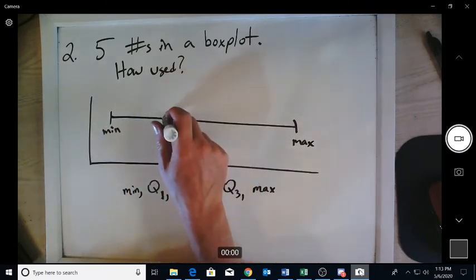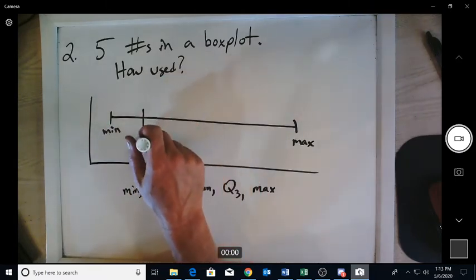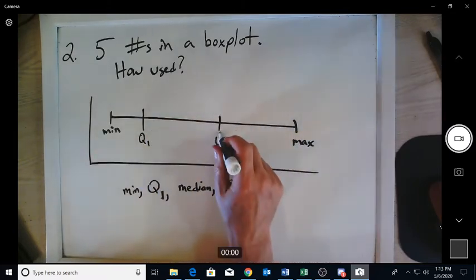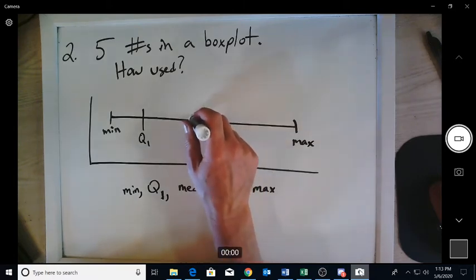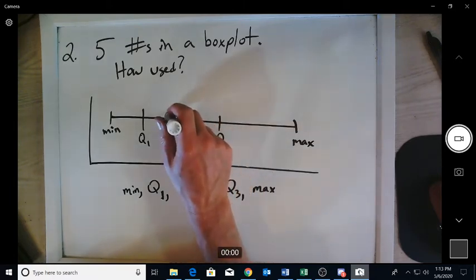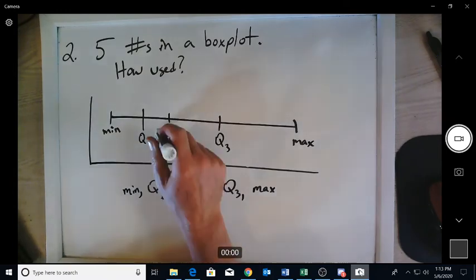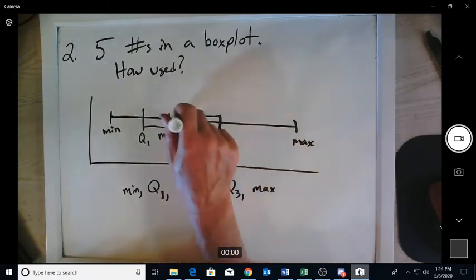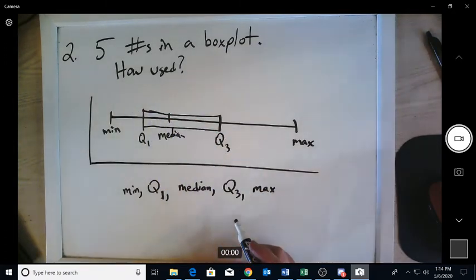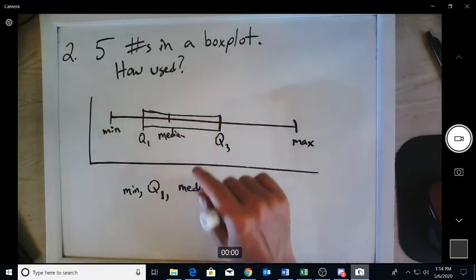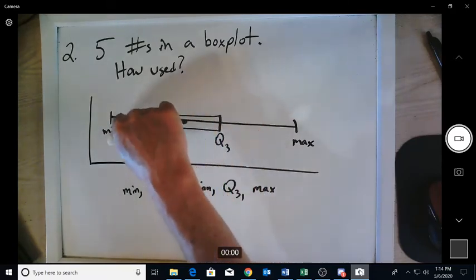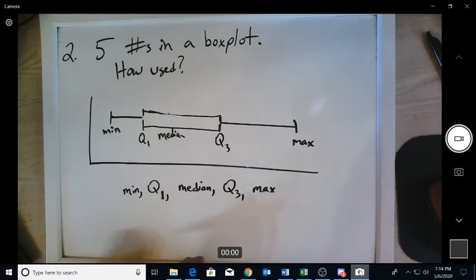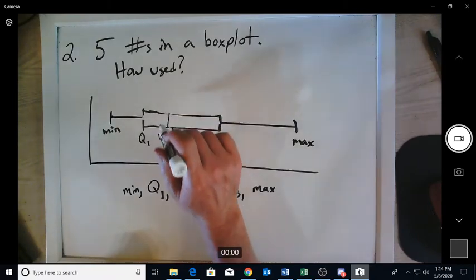And the box is going to go, maybe Q1 is over here, maybe Q3 is over here, maybe the median is over here, or something like this. And these go in a box. And sometimes you don't have to have that middle number, that line going through the middle. Might just be missing this middle part. But either way it would be fine. And then the median would be right like this.